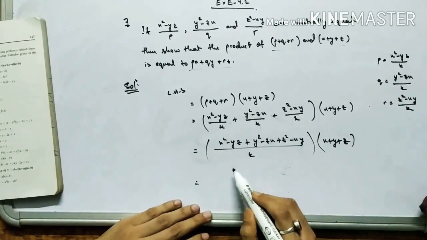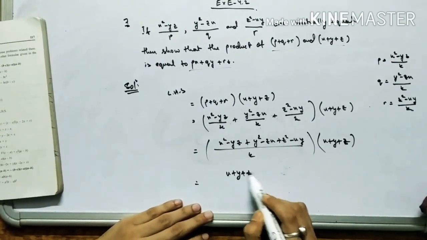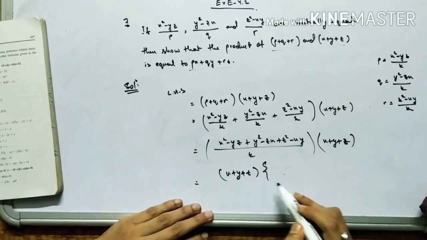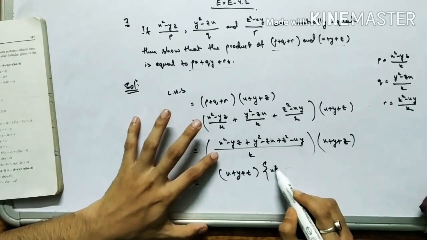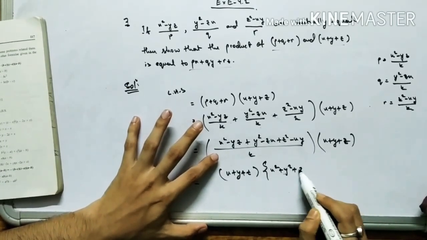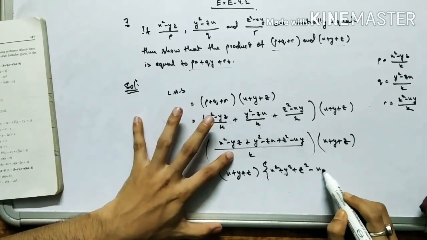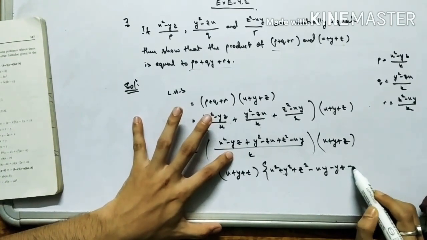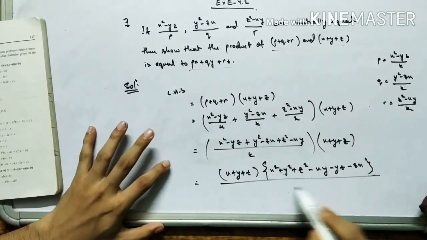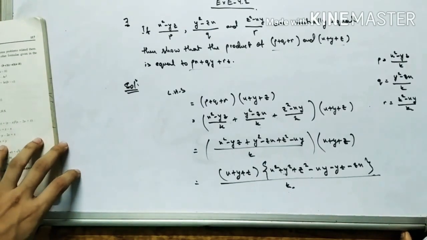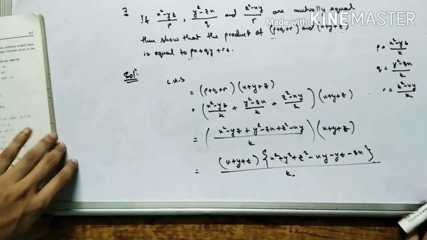So I can write it as (x plus y plus z) into (x plus y plus z) into (x square plus y square plus z square minus xy minus yz minus zx), all by k. I hope you have understood.